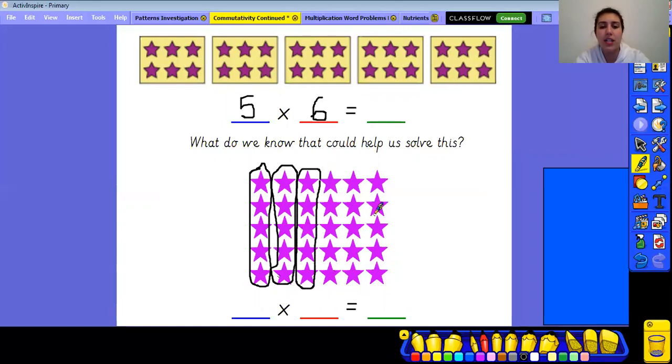So if I were to continue doing this, I would get 6 groups of 5. And now we can work that out because I can count in my 5s, so I get my 6 groups, and I count 5, 10, 15, 20, 25, 30.